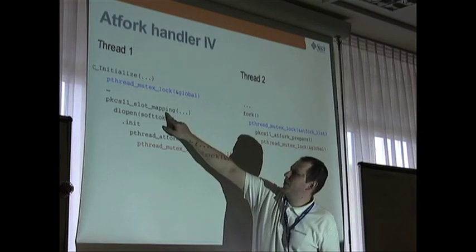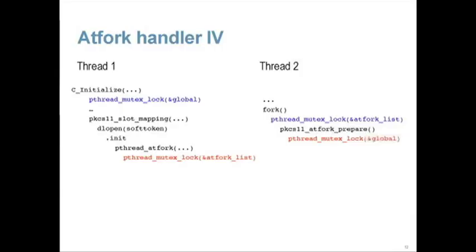There is the function pkcs slot mapping. It starts to really open all the plugins, the soft token. It calls init sections. Init sections start to register the pthread atfork handler at the beginning. But the atfork handler, as I mentioned, needs to acquire the atfork list mutex.